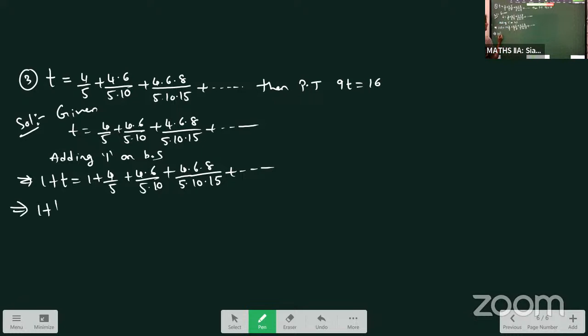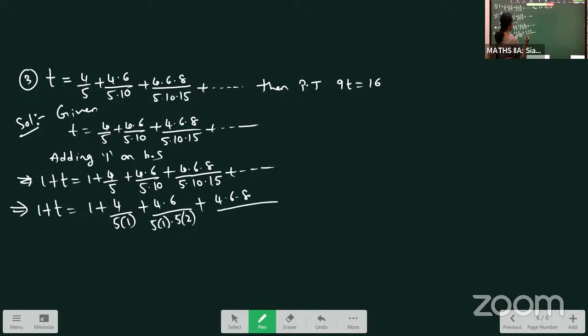1 plus t is equal to 1 plus 4 by denominator 5, write it as 5 into 1, plus 4 into 6 by 5 into 1 and 10 is 5 into 2, plus 4 into 6 into 8 by, here again 5 into 1, 5 into 2, 5 into 3, plus so on.